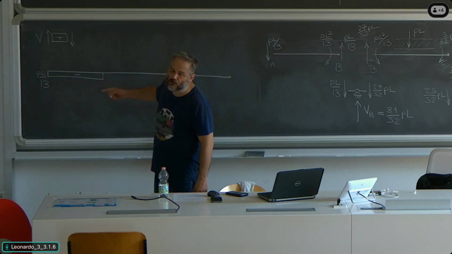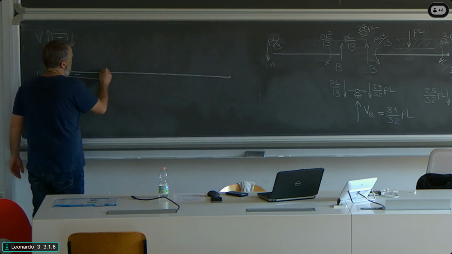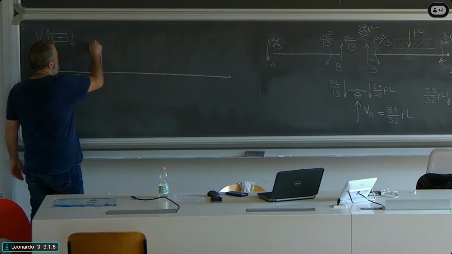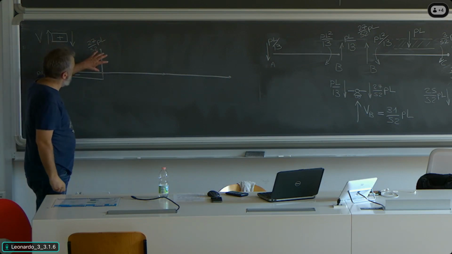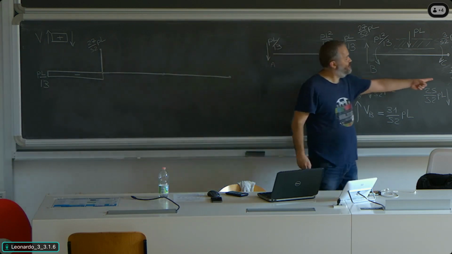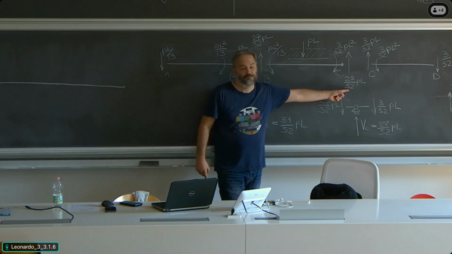This means I cannot draw the diagram in scale. I can plot here a note, or I can simply remember it. This is 27 over 52 PL. At the second span, at the second end, we have 25 over 52. Slightly less than that one.